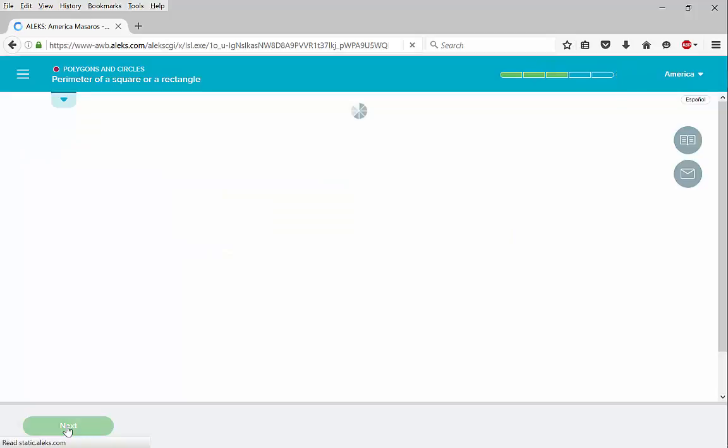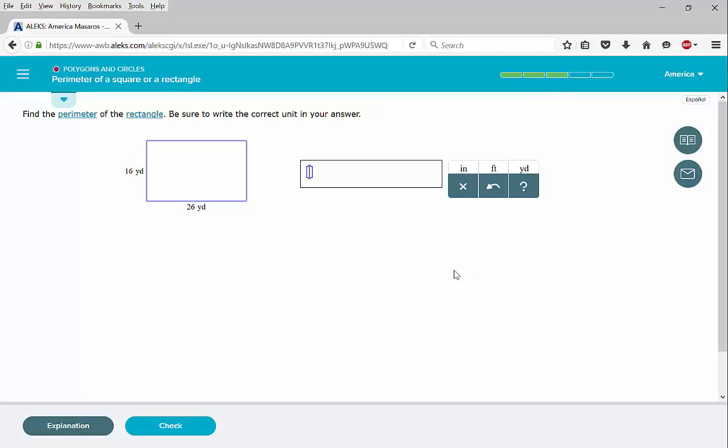Okay, let's do another one of those. Oh, it gave me that point back when I got it right. That's pretty cool. Okay. Maybe I'll only have to do one more? Let's see if I still have that 2 in a row, I get double. Okay. 16, left and right are the same length. 26, the top and bottom are the same length. So I'll have 26 plus 16 plus 26 plus 16 is, calculator, 84.